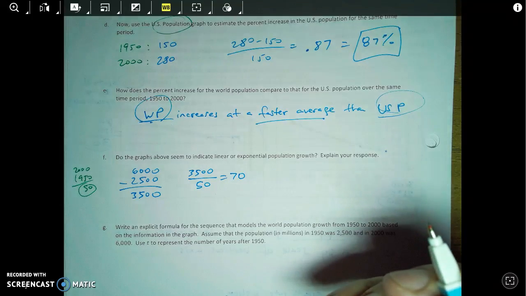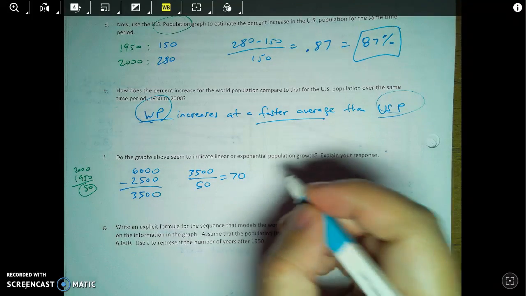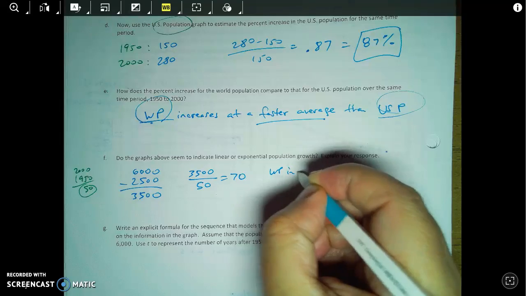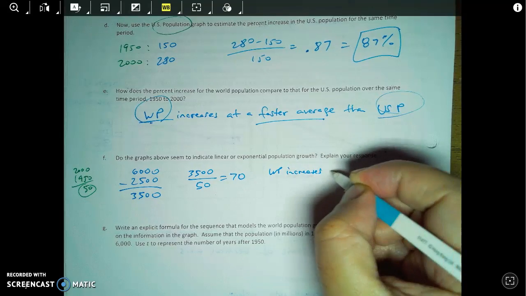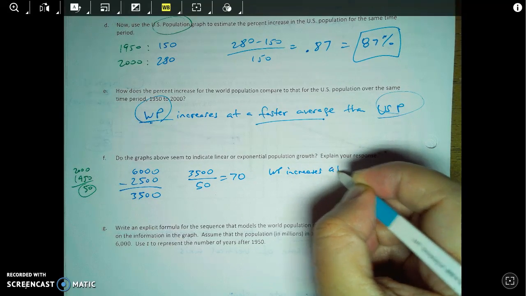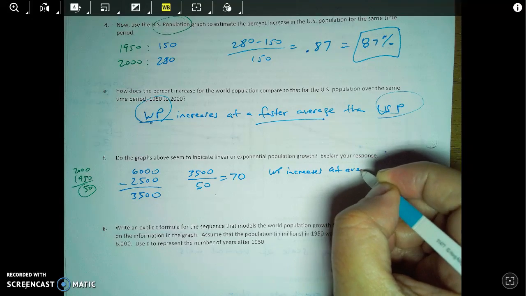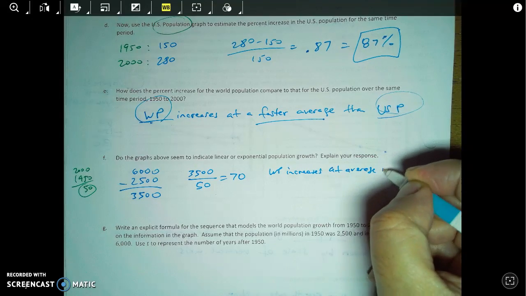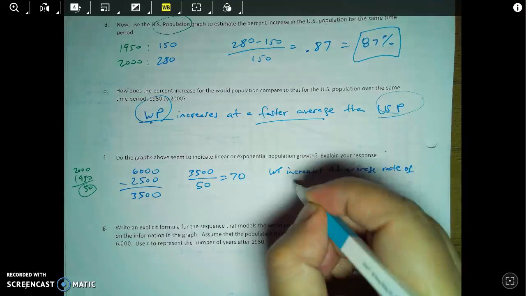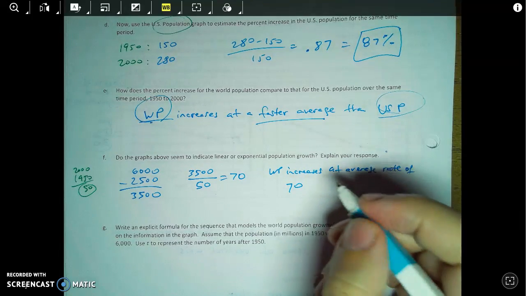So the world population increases at an average rate of 70 million per year.